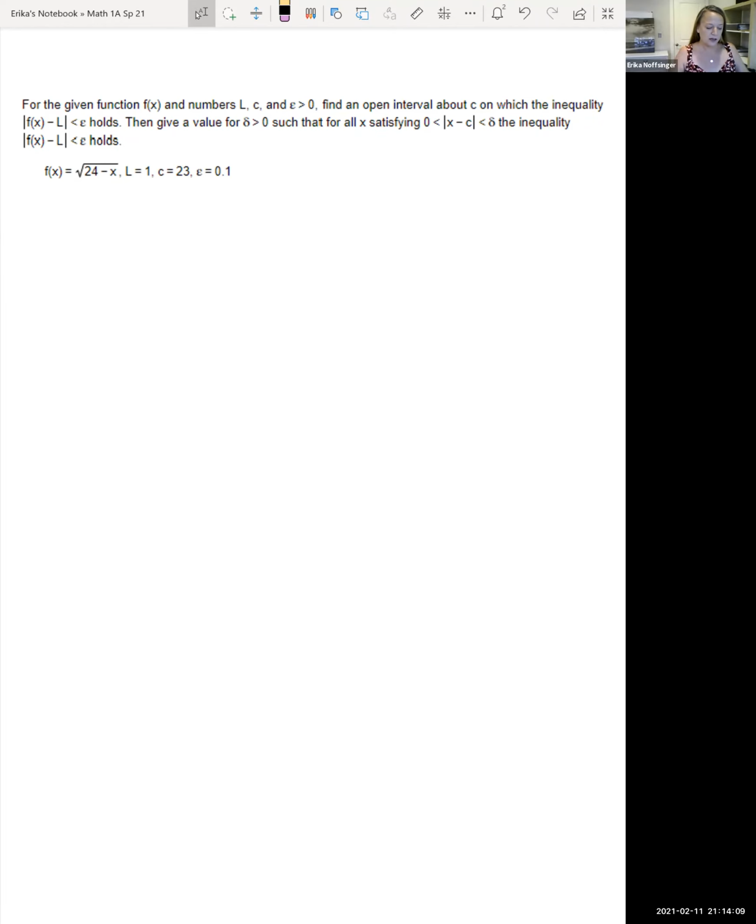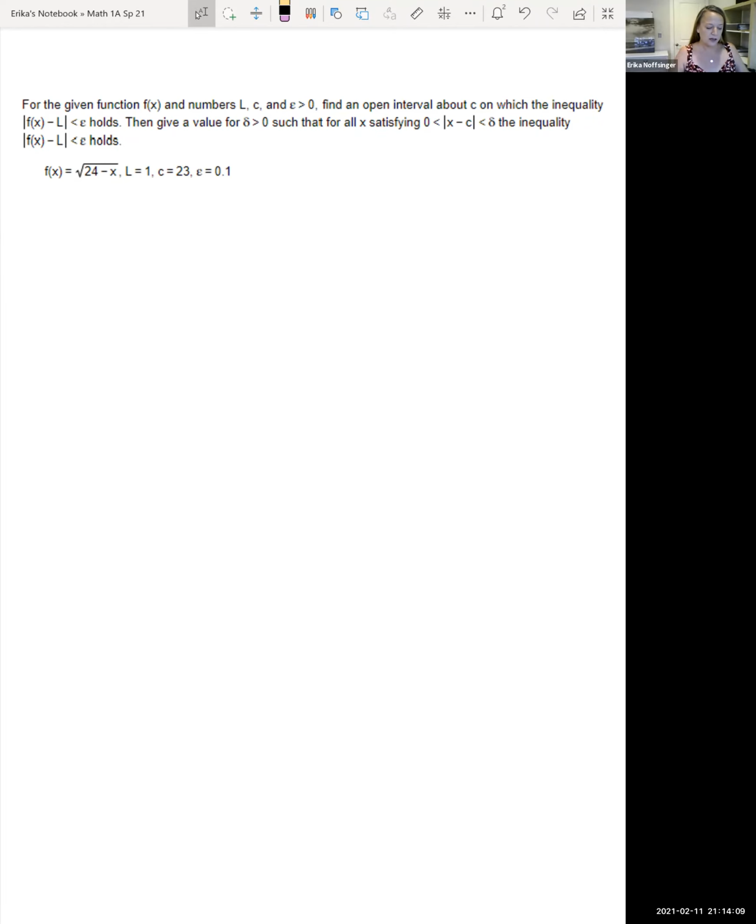Then give a value of delta greater than 0 such that for all values x satisfying that 0 is less than the absolute value of x minus c is less than delta, the inequality holds for this.